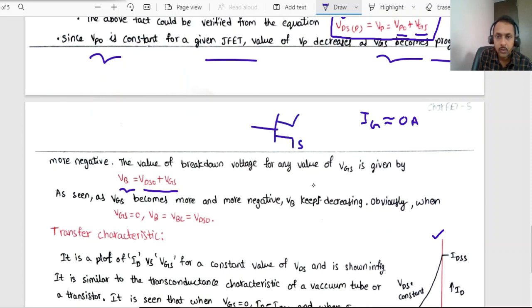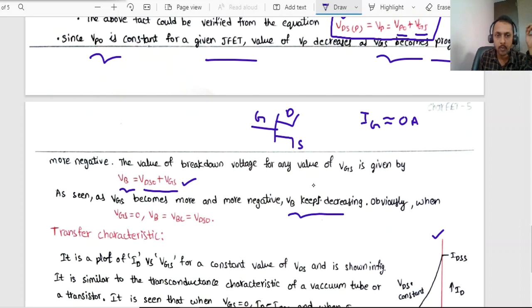Now as and when VGS, the gate source voltage, becomes more and more negative, VB also keeps decreasing.